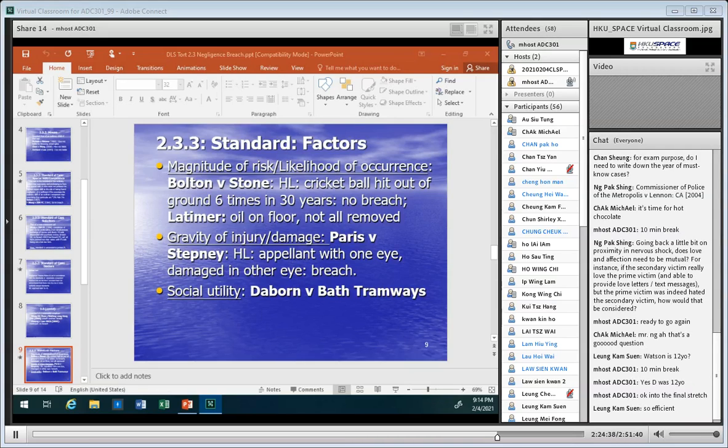My PowerPoint says he was blind in one eye and damaged in the other eye. Anyway, he's actually damaged in his one good eye. So the court found there was breach because the employer owed a duty of care to take reasonable precautions against injury to every individual employee. The more serious the damage which will happen if an accident occurs, the more thorough are the precautions which an employer must take. So if you only have one good eye, it's much more serious if you lose that one good eye.